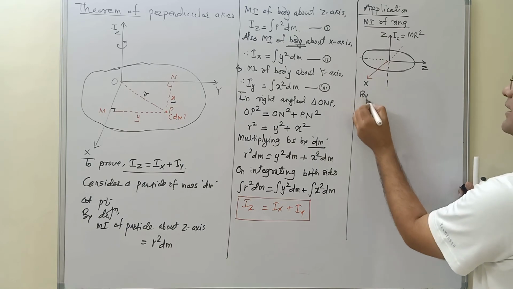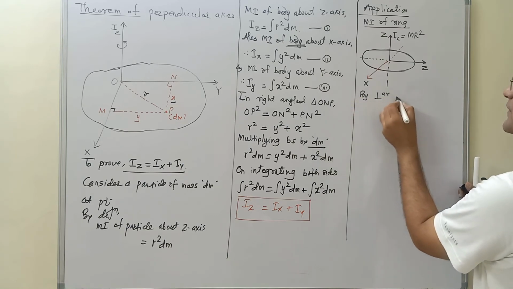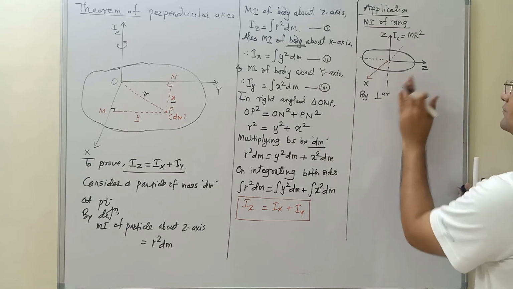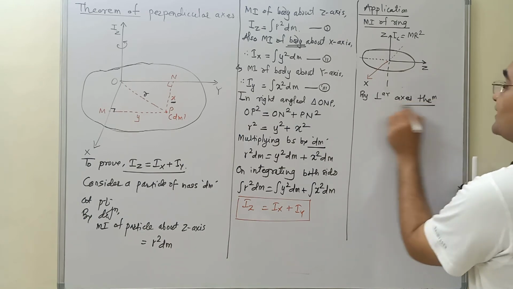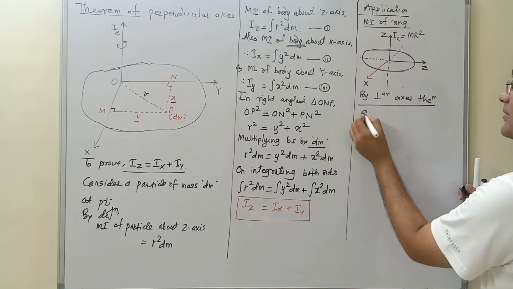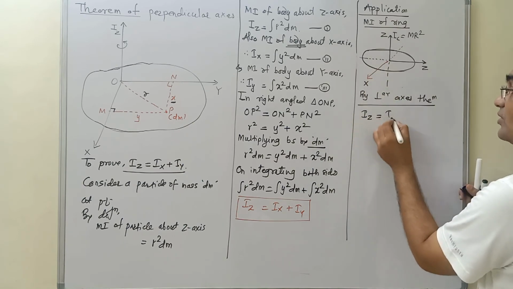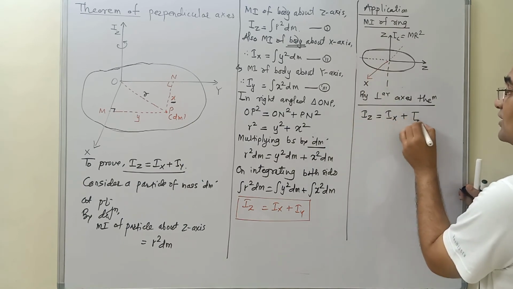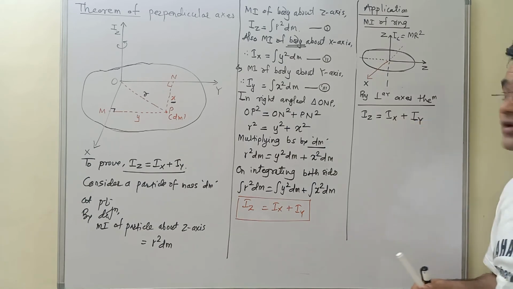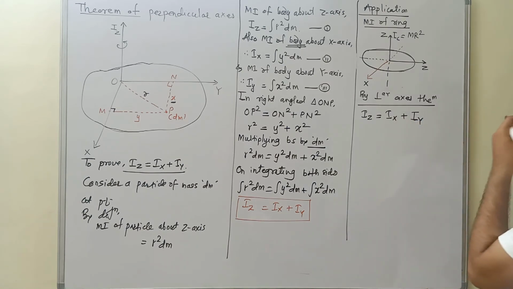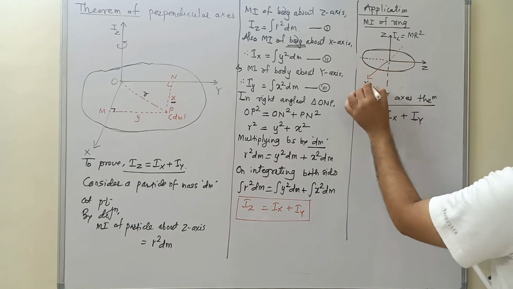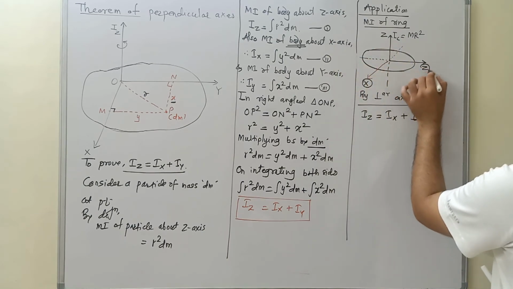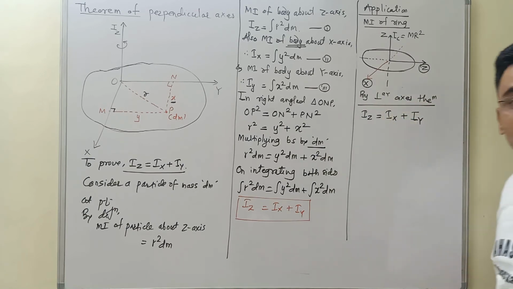Then by the perpendicular axis theorem, the moment of inertia about the z-axis equals the moment of inertia about the x-axis plus the moment of inertia about the y-axis for that ring. But we know that the diameter axes for the ring will be the same, so the moment of inertia about the x-axis equals that about the y-axis.